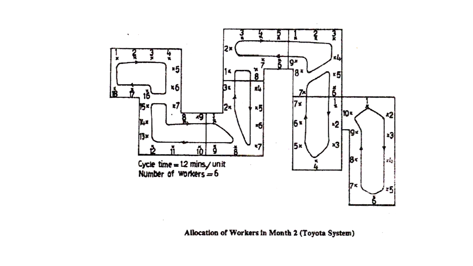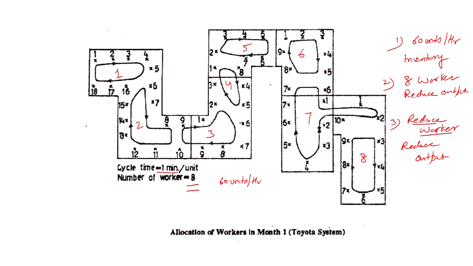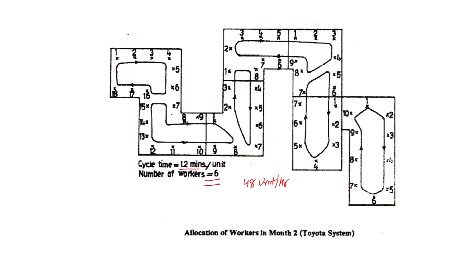So, suppose now production rate has reduced from 1 minute per unit to 1.2 minutes per unit, that means 48 units per hour and we need only 6 workers. So, I can continue with 8 workers as I said in the previous slide or I reduce to 6 workers. So, this is how the deployment is now.